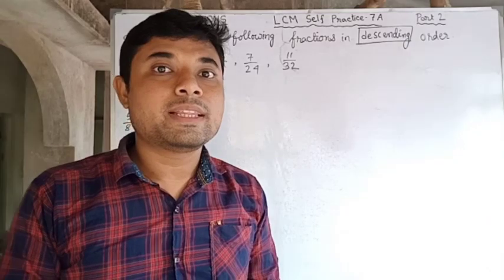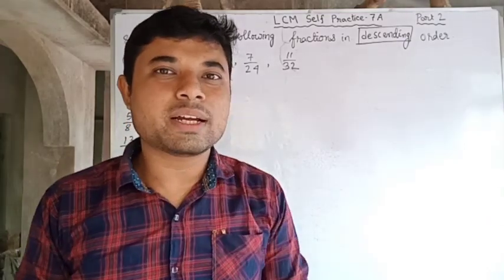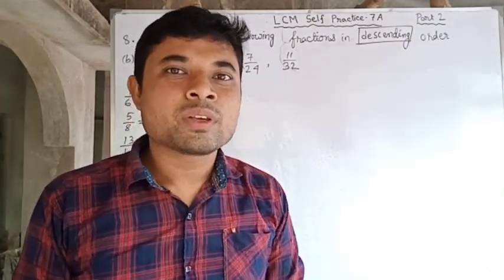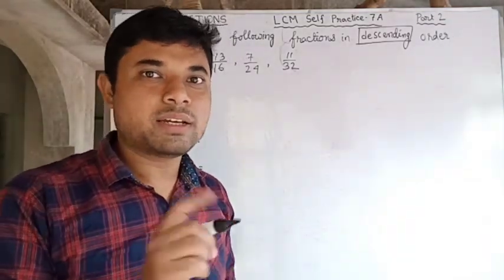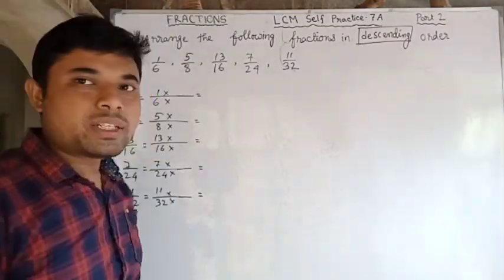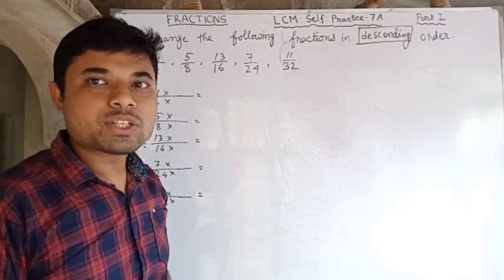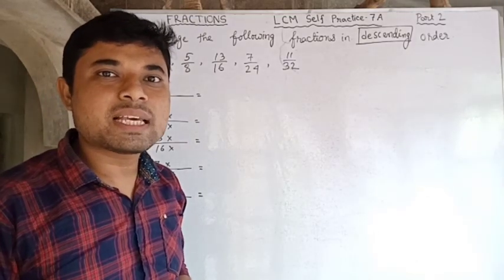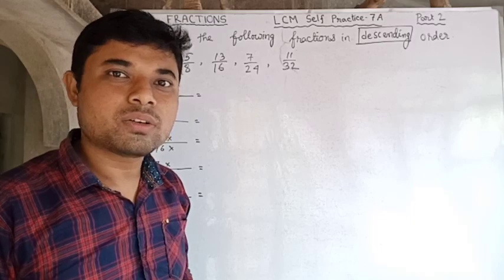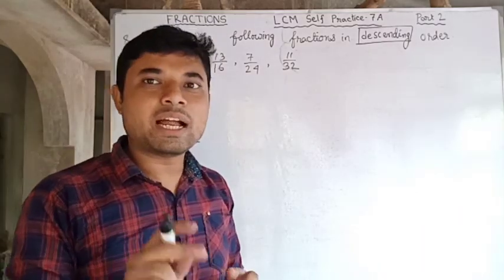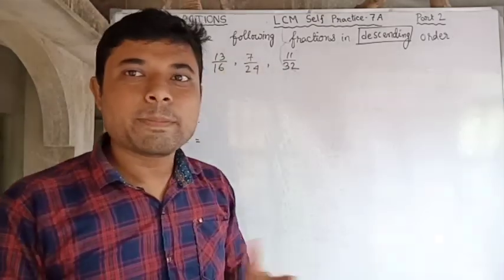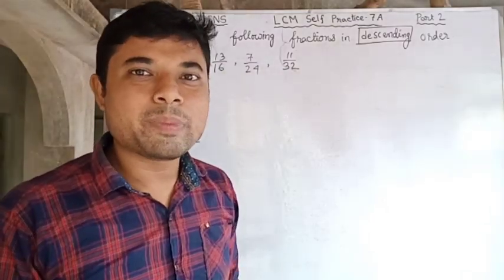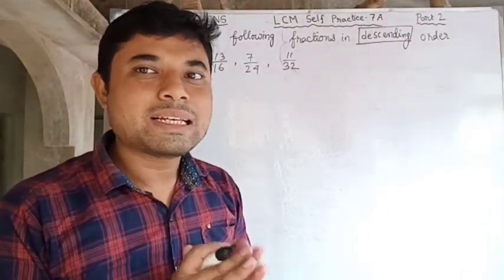So if the denominators and numerators are different, what is the rule, what is the process? Very easy. First step, we will find the LCM of the denominators. You already learned this process for 2 fractions, but here 5 fractions are given. No problem, the process is the same.